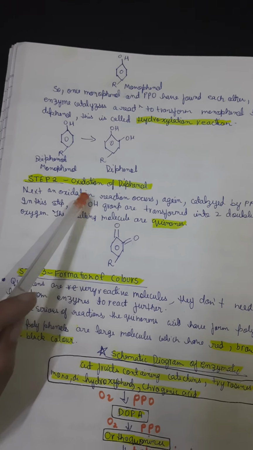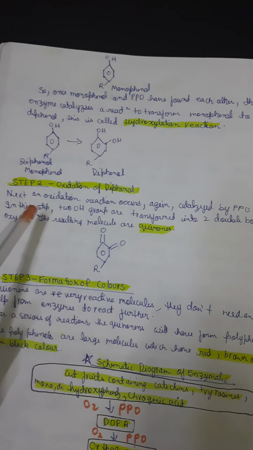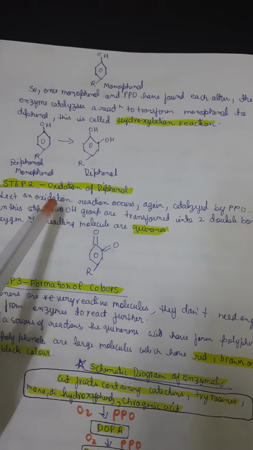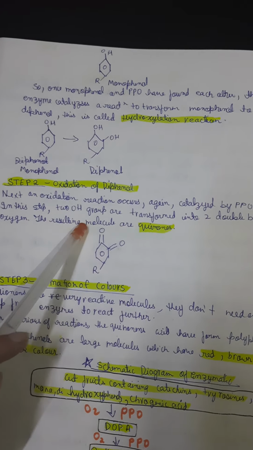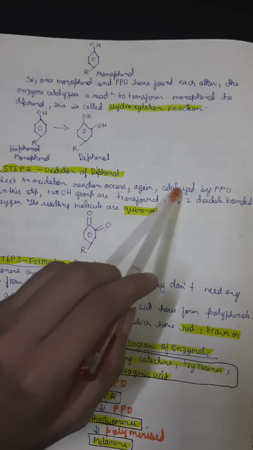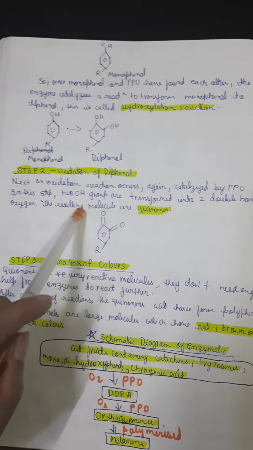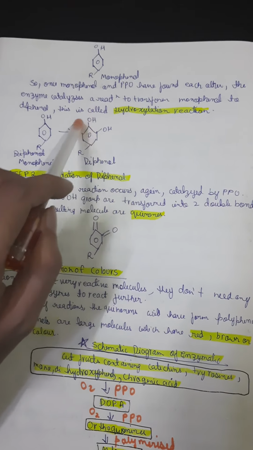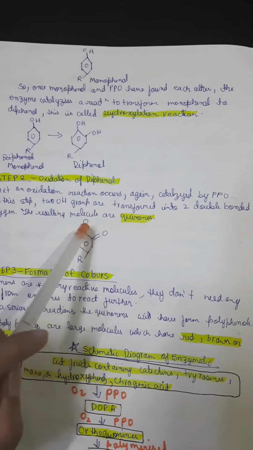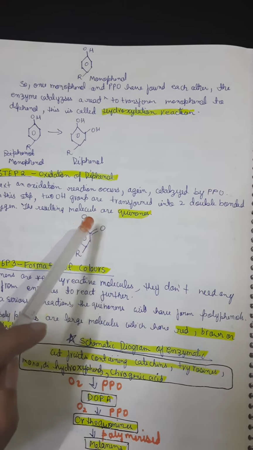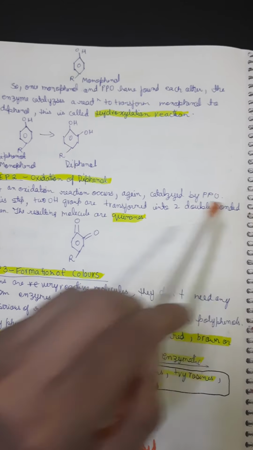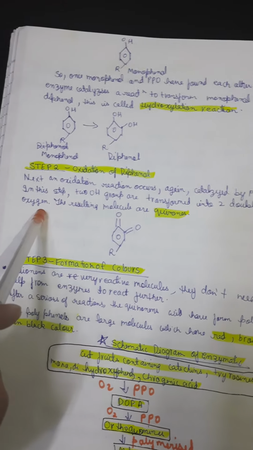Second step is oxidation of diphenol. This diphenol further gets oxidized with the help of PPO, and the two OH groups get replaced by two double bonded oxygen atoms, like this.